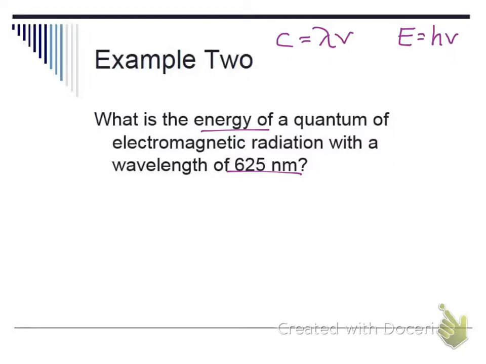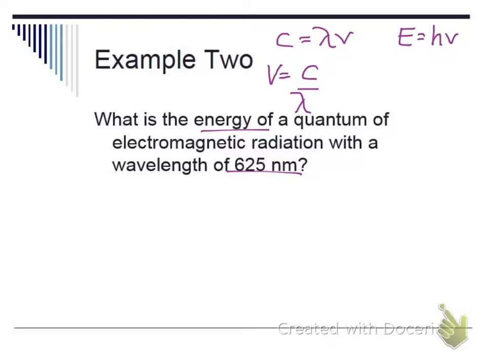Now, I'm going to show you something that you may or may not like, but I can simplify this by putting the two equations together. You're welcome to use two separate equations, solve for frequency and then plug that in to solve for wavelength, or you can shortcut that by looking at this equation and saying frequency is equal to c over wavelength.